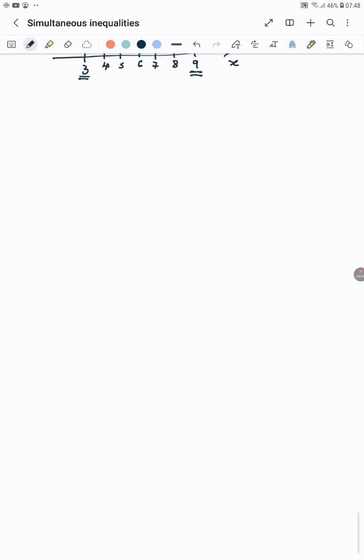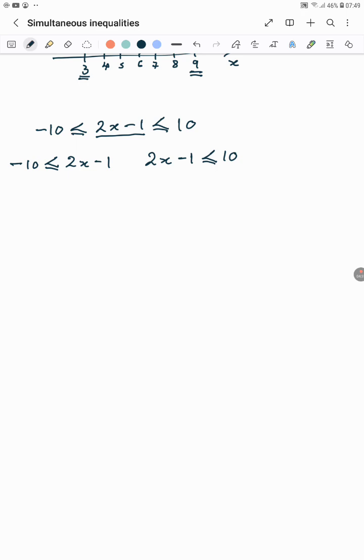If we have a question that says minus 10 is less than or equal to 2x minus 1 less than 10, you separate. That's the first stage. You're going to have two inequalities, and this is common to both inequalities, and you solve the left hand inequality.